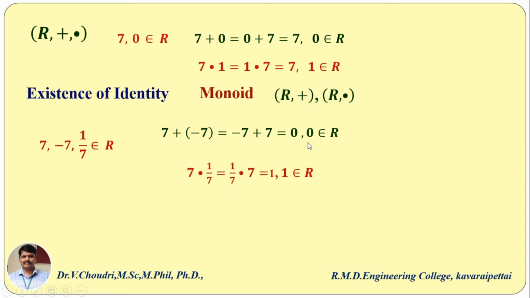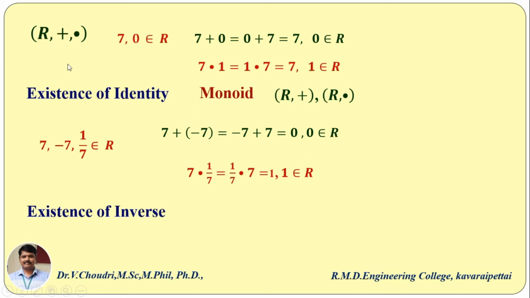Also 0 and 1 belong to R. See what happened? I add the number 7 with one number, and I get the identity. And also, I multiply 7 with one number, and I get the identity in R. So if any number added or multiplied with one number gives the identity, then the axiom is called existence of inverse.